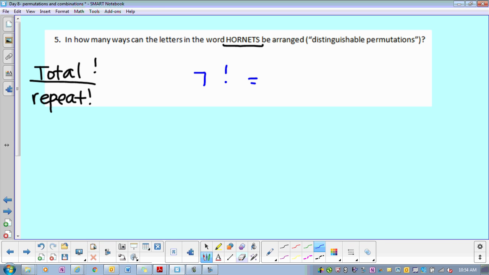Put that into your calculators and tell me what you get. 5040. Yeah? Is that right? Do you remember where to go to get this factorial? Yeah, math, and then the 4th one down. Yeah. All right, good.